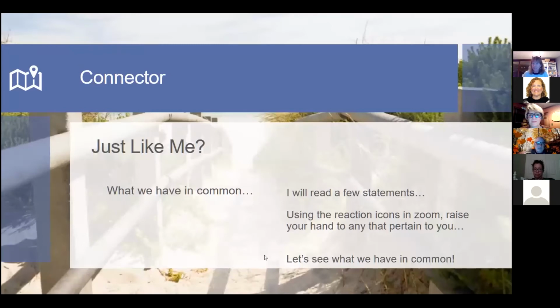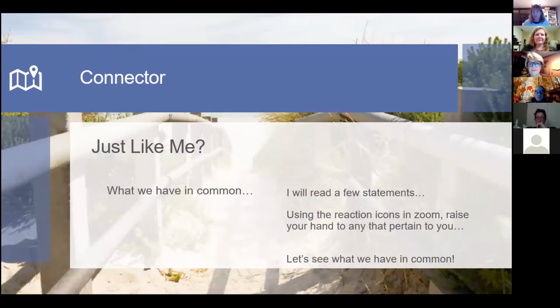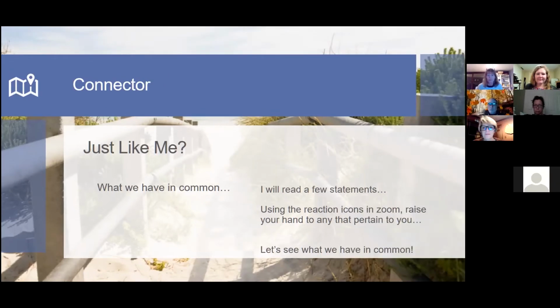So I want to play just a quick game here and just kind of get to know you guys a little bit better. We're going to do an activity that's called Just Like Me. And what I'm going to invite you to do is make your screen as big as you can to see as many people as you can. I think there's about, what, 14 or 15 of us online. And I want you to find your little reaction buttons. And when you have your reaction buttons, I'm going to read a couple of statements.